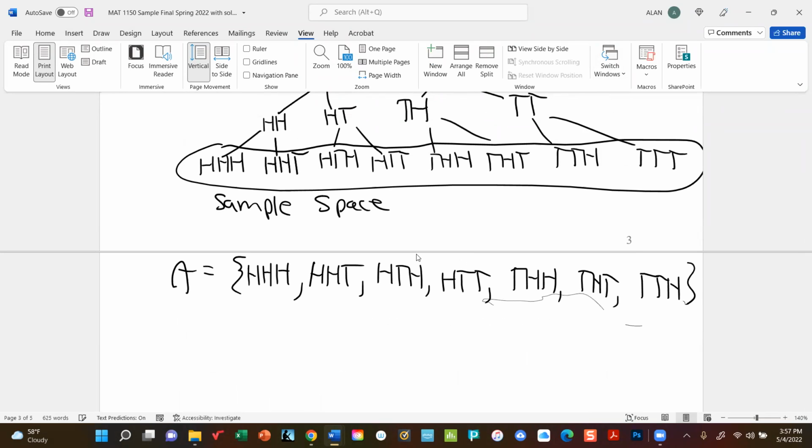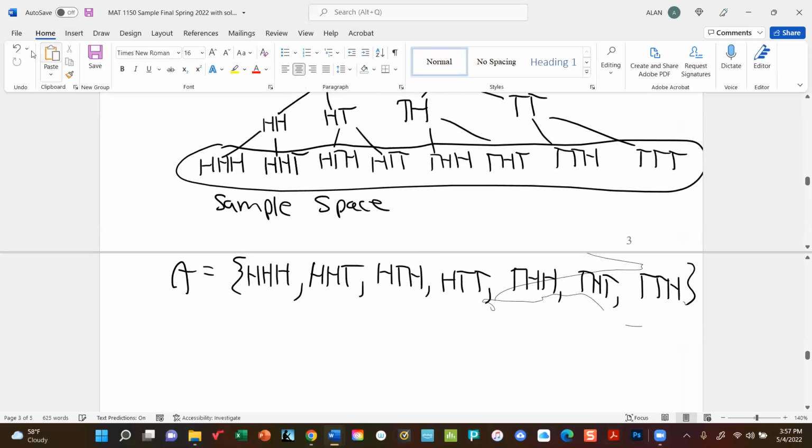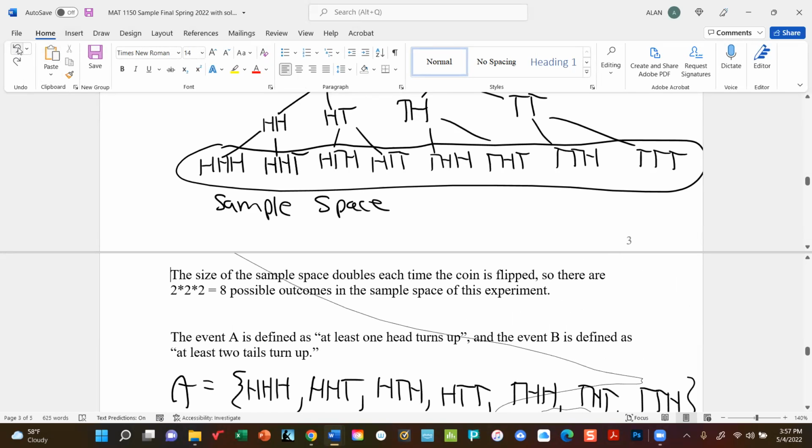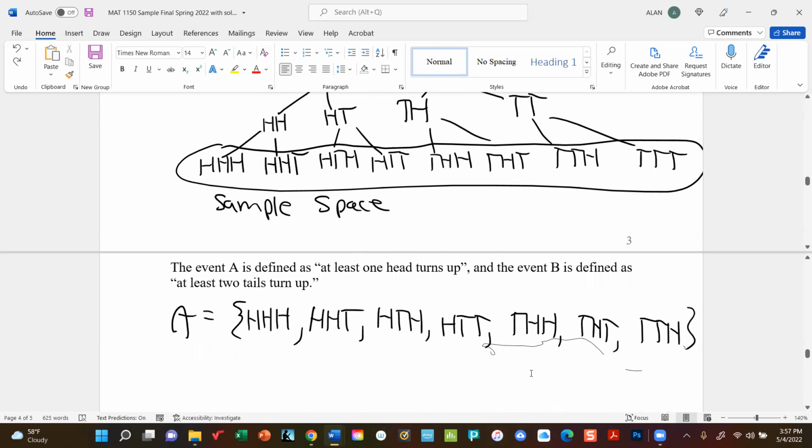So you can see there's 7 elements in this set A. Okay, 7, because I'm including everything except 3 tails.